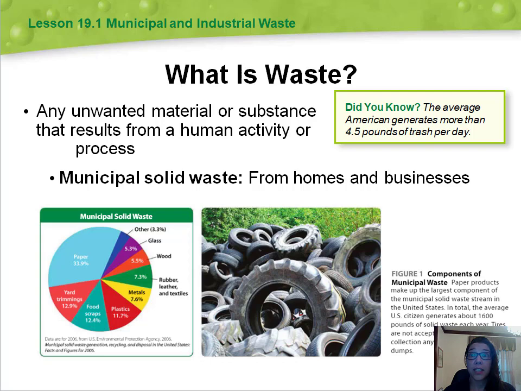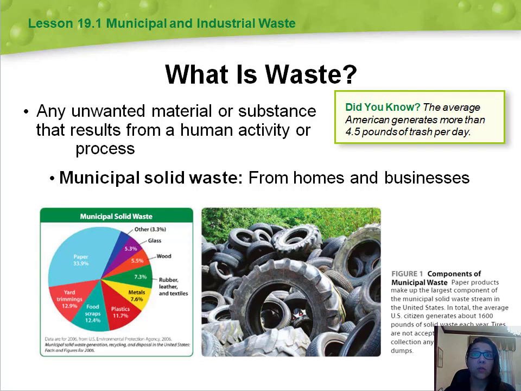Industrial waste is waste that comes from the production of consumer goods, from mining, during agriculture, and during petroleum extraction and refining. And the last category of waste is hazardous waste, which refers to solid or liquid waste that is toxic, chemically reactive, flammable, or corrosive. It includes everything from paint and household cleaners to medical waste and industrial solvents.